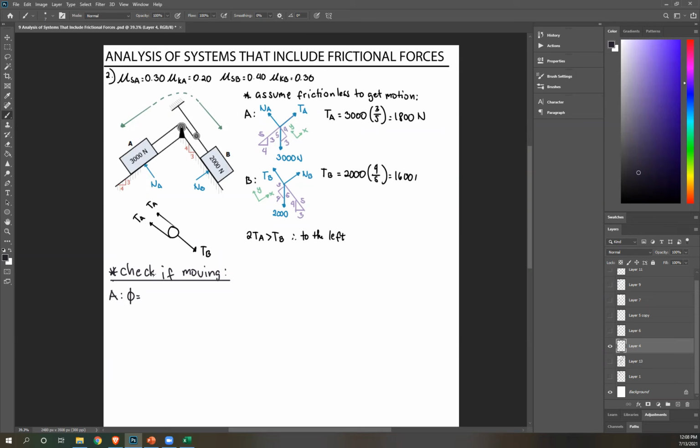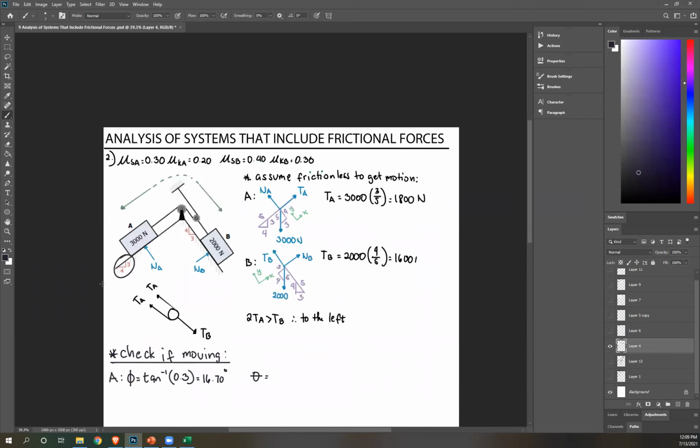Recall, the equation for phi is just arctangent mu, mu being your coefficient of static friction, and that is 0.3 for block A. Solving for this, we get 16.70. Then we need to compare that to theta, which is given.